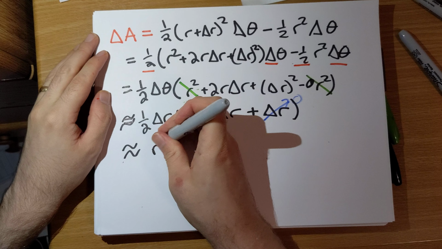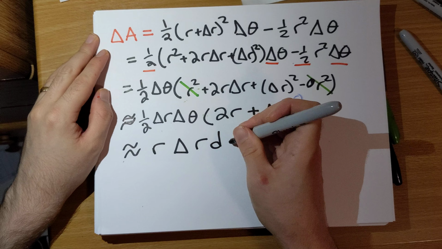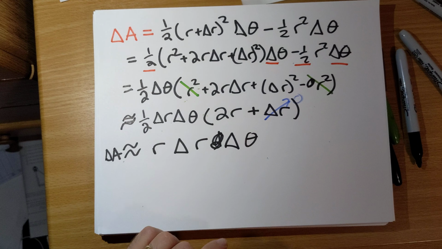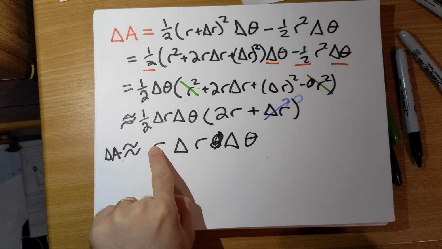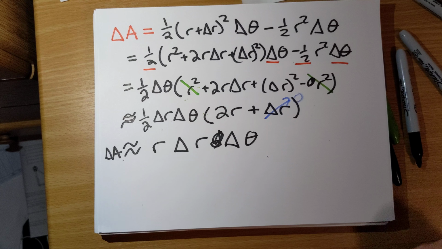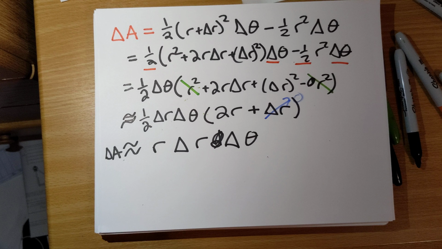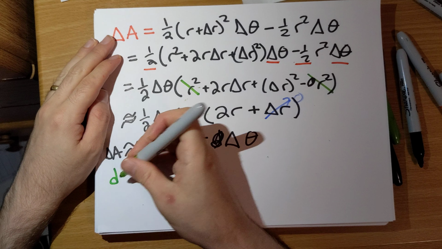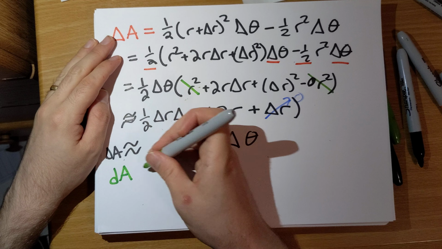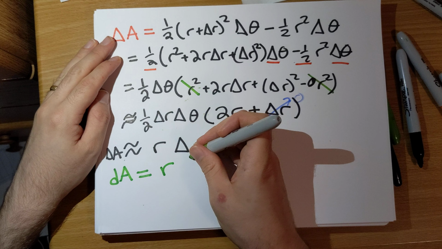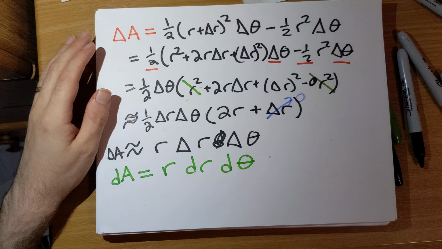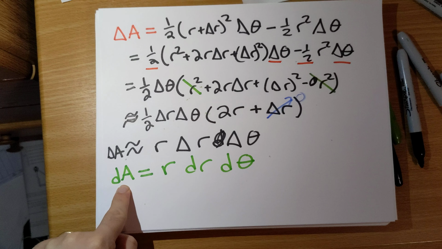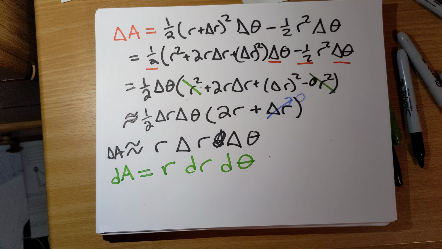The 1/2 and 2 cancel out, so delta A is about r delta r delta theta. In the limit, we're taking all of this infinitesimally small, and we replace these with the differentials: dA is equal to r dr d theta. And so that's why when we're doing an integral in polar coordinates, dA gets replaced with r dr d theta.